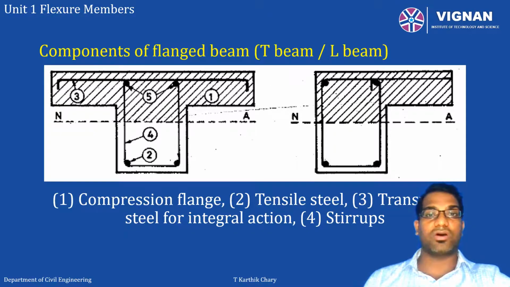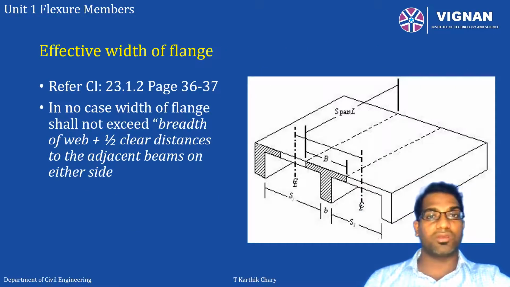In the design and analysis of a T-beam, the width of the flange plays a major role. As I said in the previous slide, the concrete is monolithically casted along with the beam. Some part of the slab portion will be considered in the flexural strength of the rectangular section. The width plays a major role in it.